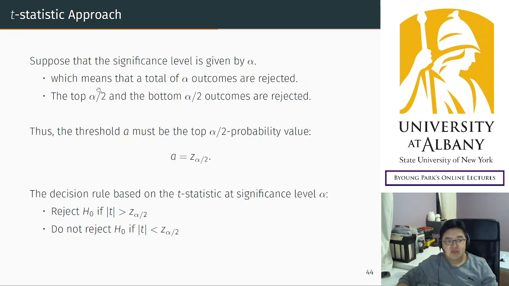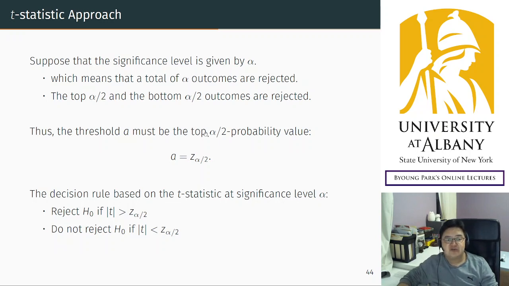So you have to keep this in mind. When you reject the most different outcomes, the most different includes top alpha over 2 and bottom alpha over 2. So both top and bottom are rejected.